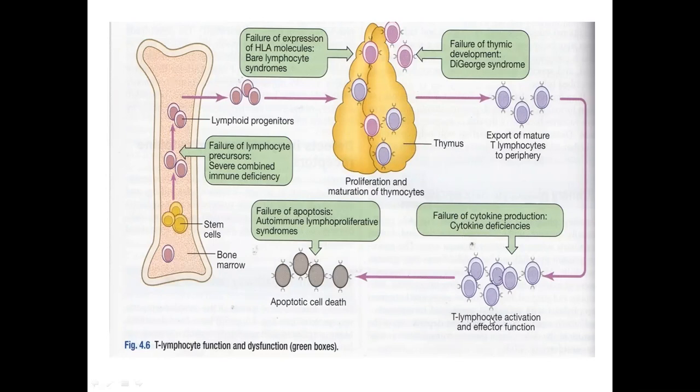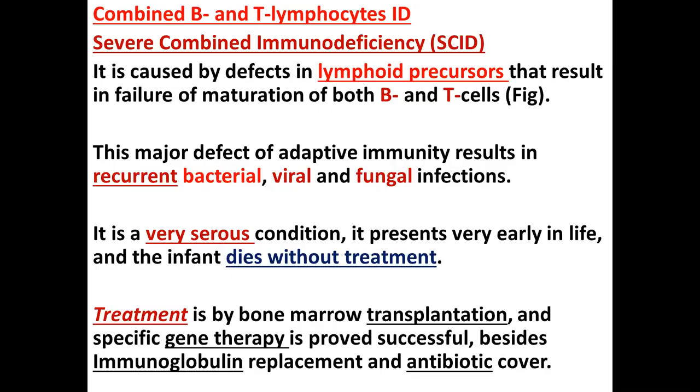So T lymphocyte activation and effector function will be affected due to failure in the cytokine production, failure in apoptosis, and this will result in autoimmune lymphoproliferative syndrome. You know, apoptosis is a very important function in these T cells. So let us take a few examples and explain them.